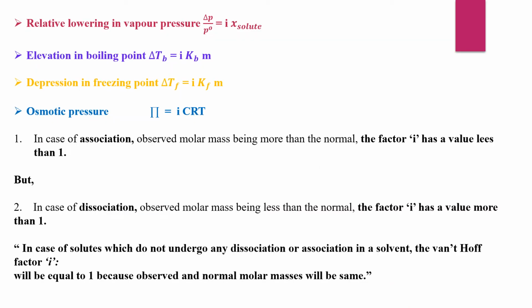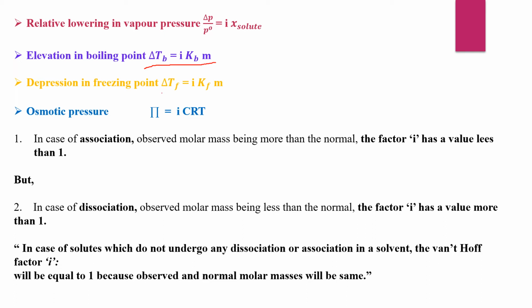So, according to the Van't Hoff factor, there will be a change in all four colligative properties. First, the relative lowering in vapor pressure, delta P upon P naught, will be equal to i, the Van't Hoff factor, into the mole fraction of solute. Elevation in boiling point, delta Tb, will be equal to i Kb into molality.